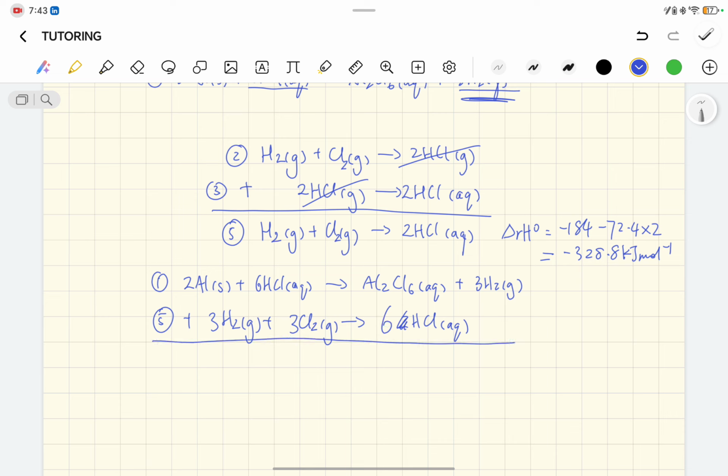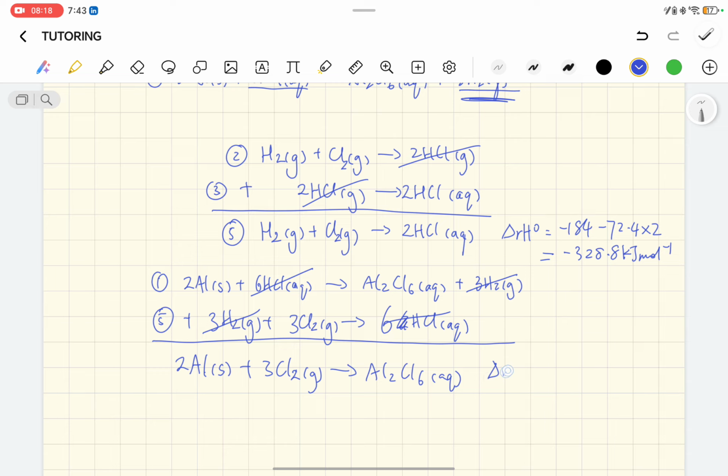And this equation gives us 2Al solid plus the 6HCl, and 6HCl cancels out, and the 3H2 cancels out as well. Plus the 3Cl2. And this goes to Al2Cl6 aqueous.